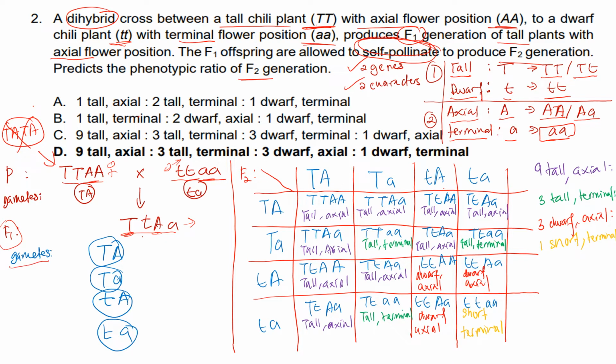These are the alleles that you will get: capital T, capital A; capital T, small a; small t, capital A; and small t, small a. For this genotype that has two genes with 4 different alleles, you will get 4 different gametes.